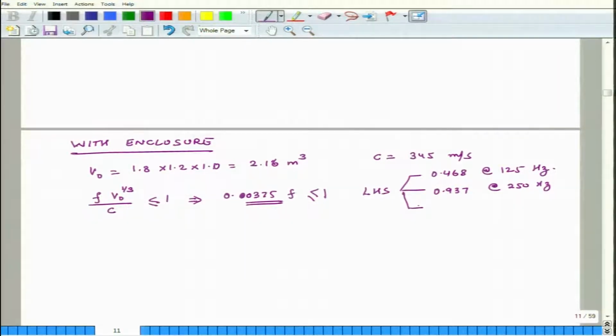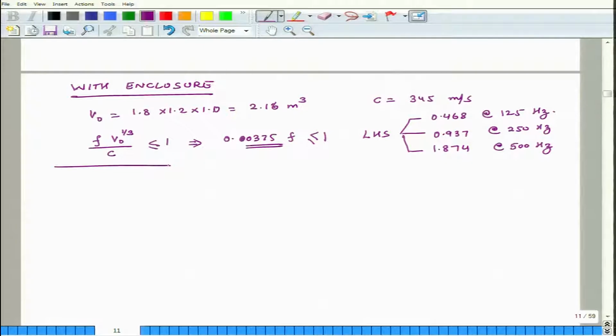And at 500 hertz, the number is 1.874. So, anything above 250 hertz we are fine. At 250 hertz we will just barely make it. At 125 hertz our calculations will not necessarily be accurate.